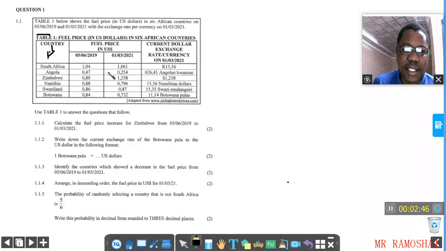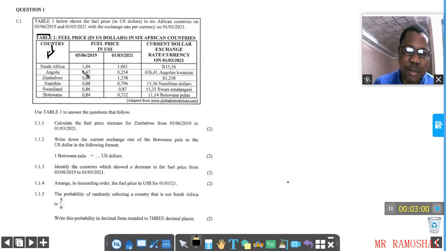Right, then what is on the second column? Here we can see the price of the fuel, but the question is in which currency. They are all in US dollars, right?